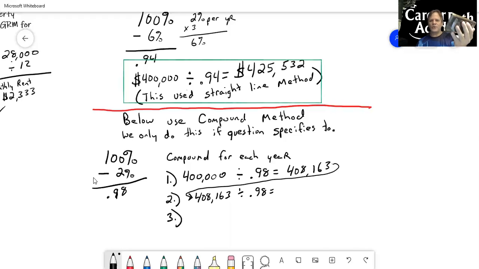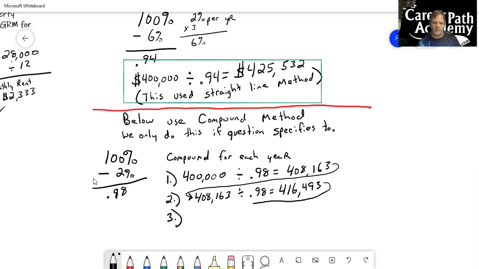By the way, if you're using the calculator on your cell phone, just turn your cell phone to the side. It gives you an advanced calculator. You can just hit the equal sign and you don't have to plug all the numbers in manually again. So it would be 416,493 and change, right? That's 2 years.